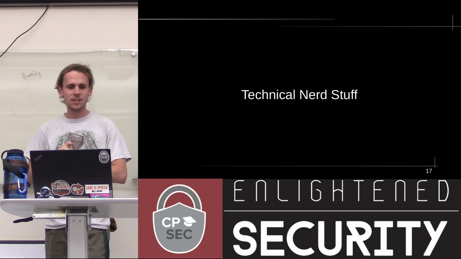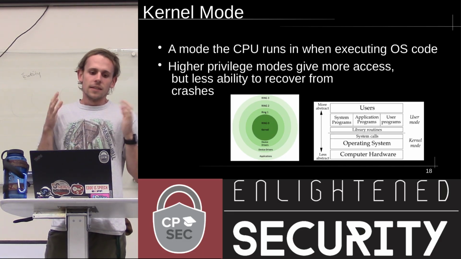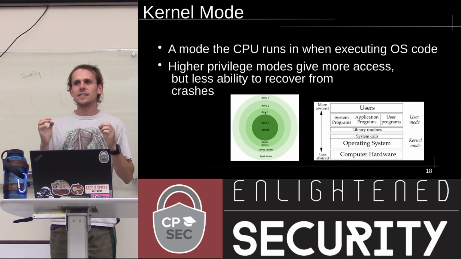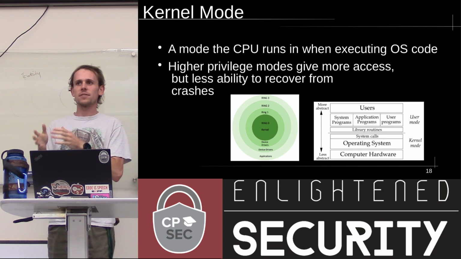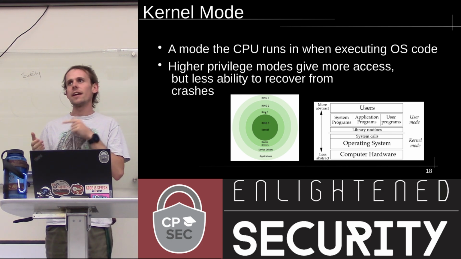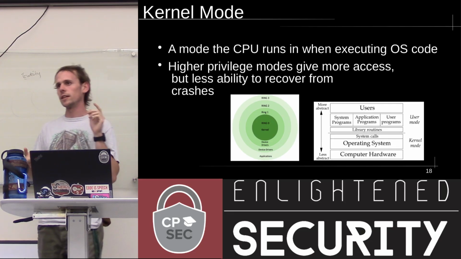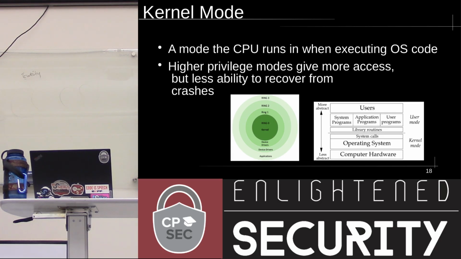Okay, so we're going to talk about kernel mode. This is a mode that the CPU runs in when executing operating system code. This is a physical feature of the CPU. This is not software. It's a physical feature of the CPU where it checks, am I in kernel mode? And if it is in kernel mode, it can do some extra stuff. There are certain instructions that are locked behind kernel mode and can only run in kernel mode because they would let normal programs do some pretty bad stuff.